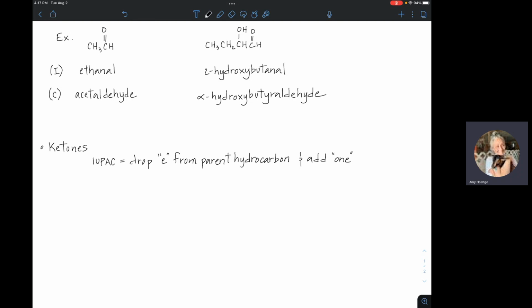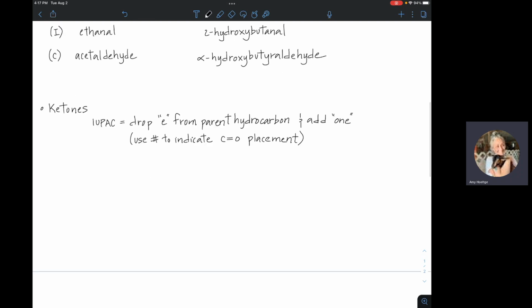So we're going to use numbers to indicate the carbonyl placement. Except for really little ketones, we don't really use common nomenclature very much for ketones.